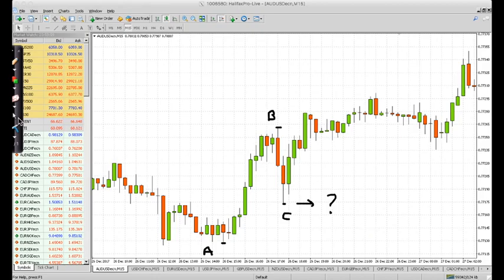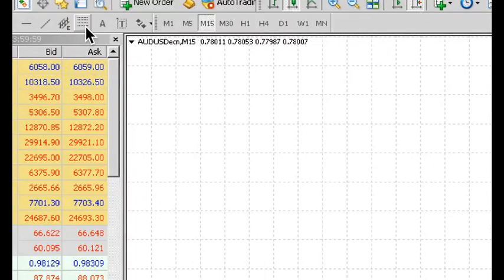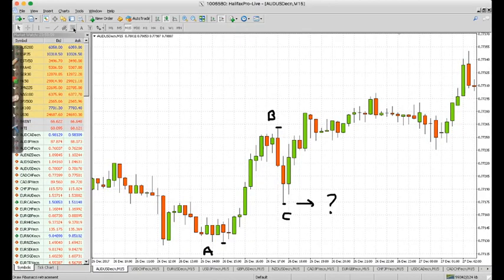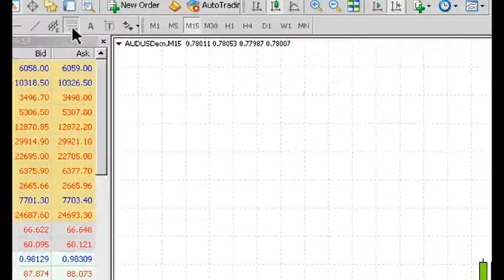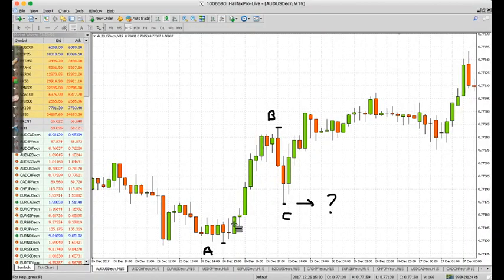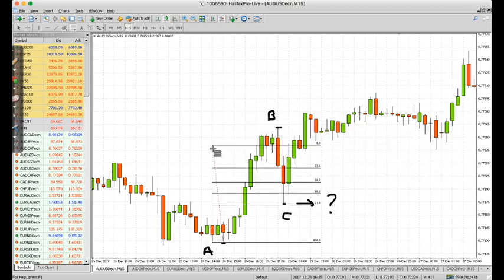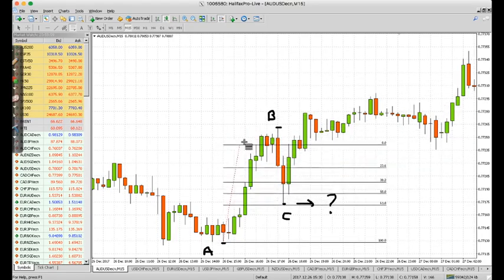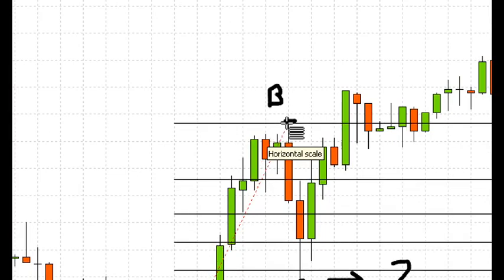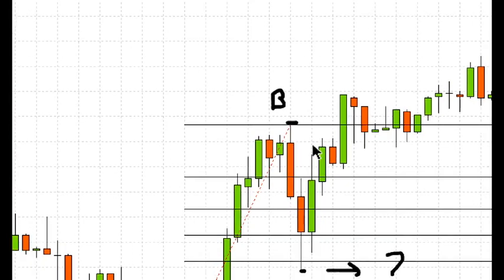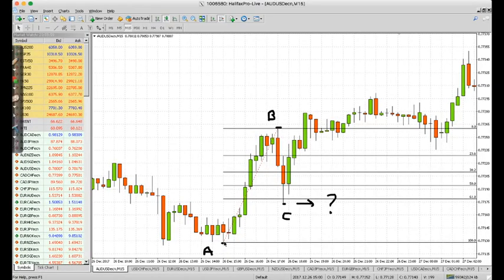So to find out, what do I do? I go to this tool called the Fibonacci tool, and click on that. I click on A, and you can see I can move it around, and I drag it to B. There we go, and release it. So click on A, drag to B, and what do you notice?